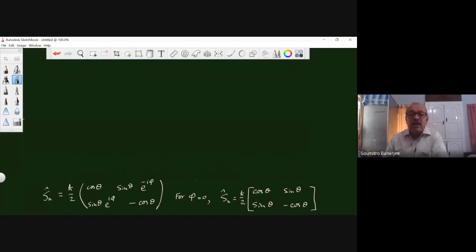Now the question is, what are its eigenvectors? This is the general spin matrix, and its eigenvectors should be such that the Sn operator operating on that eigenvector in the n direction should give me either plus h cross by 2 up n, or the same spin operator operating on down should give me minus h cross by 2 down.